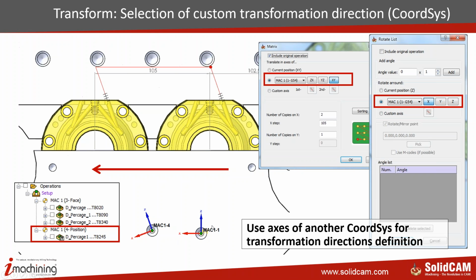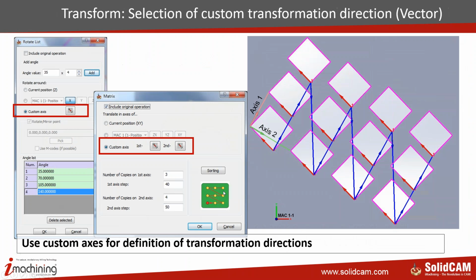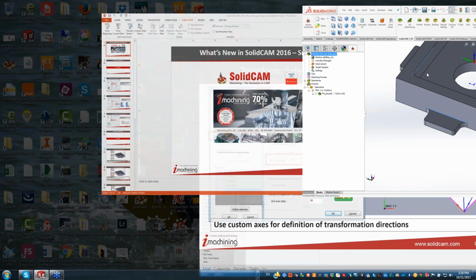So we can do that now inside SolidCAM 2016, and we'll see that in a moment. Now, besides that, we can do that either by home position or actually pick a specific vector on our part itself. Let's actually take a look at how this works.